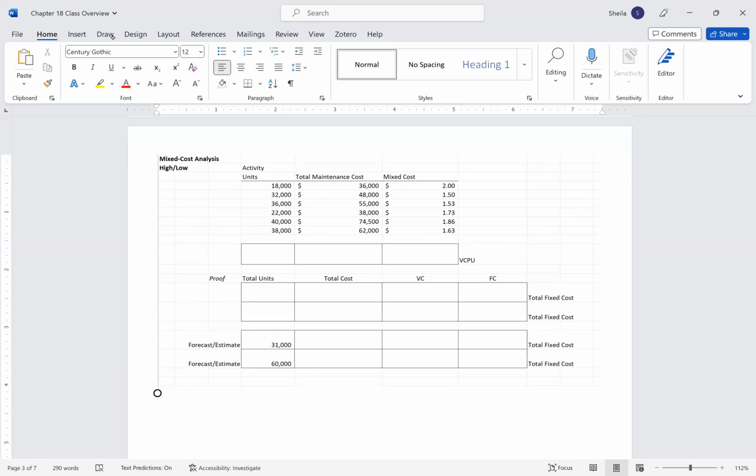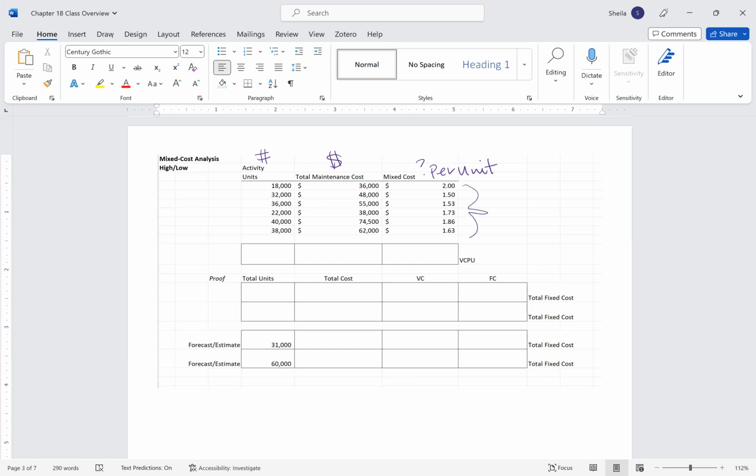But the idea is that if this represents our units of activity, this represents our total maintenance cost, how do we really know we're looking at a mixed cost? Well, remember, by definition, a variable cost per unit doesn't change. So these are all changing.